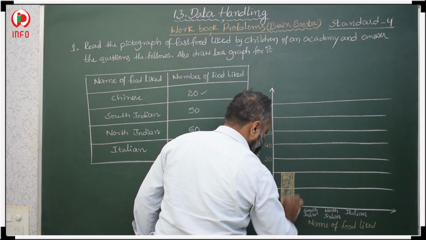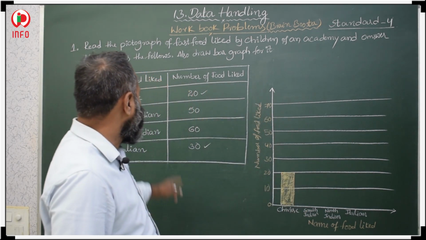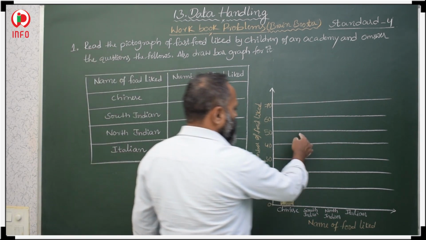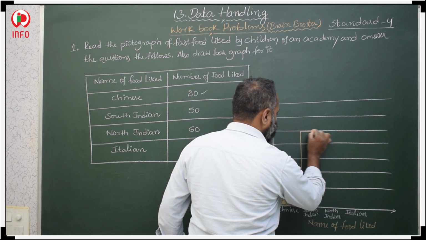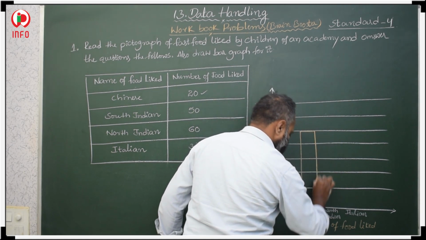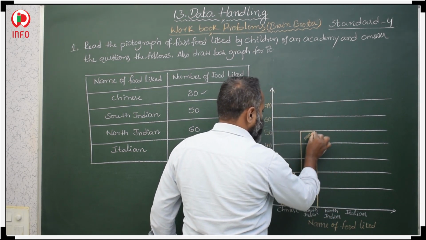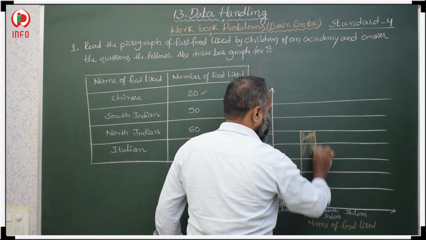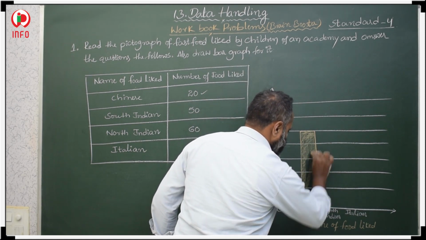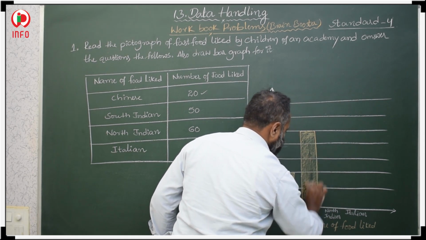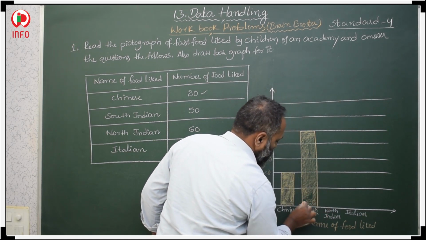Then South Indian is 50. Where is 50? Here. From here we should draw a bar. So 50 students like South Indian food.